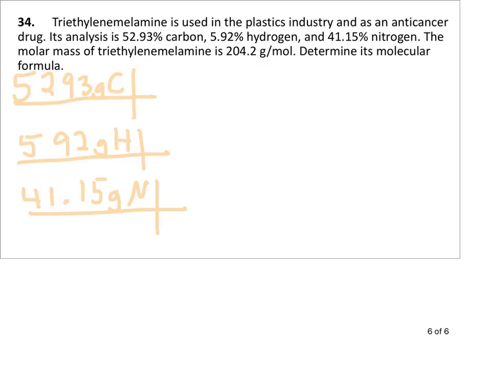So again, just figuring out our empirical formula first. Carbon, 1 mole. Carbon, 12.011 grams of carbon. Hydrogen, 1 mole of hydrogen is 1.0079 grams of hydrogen.